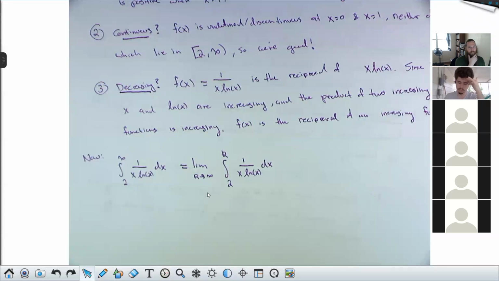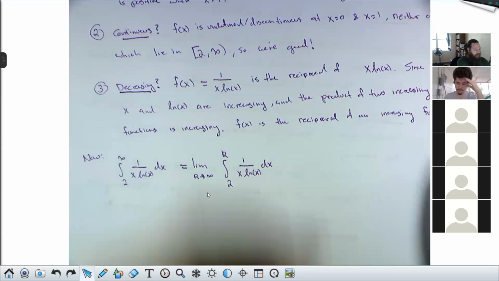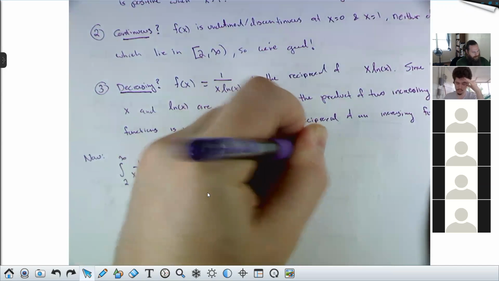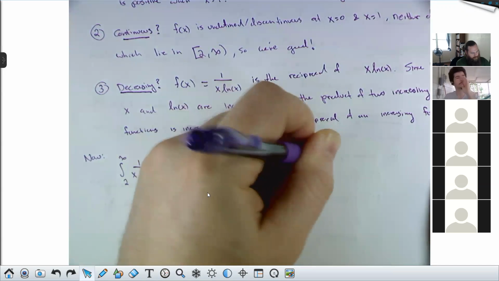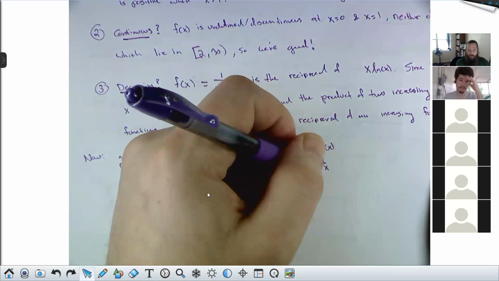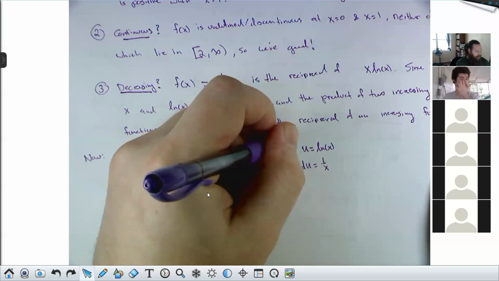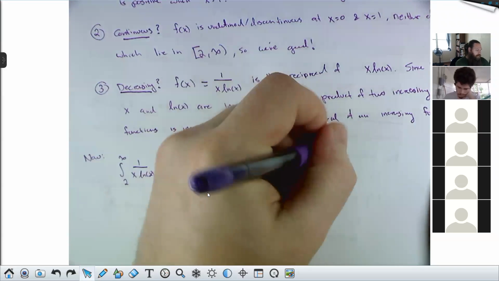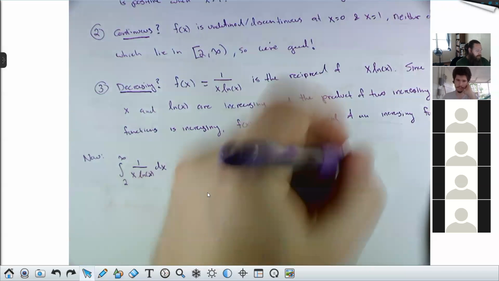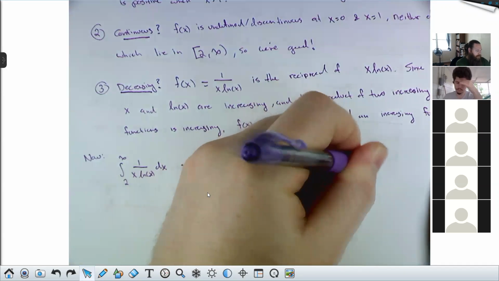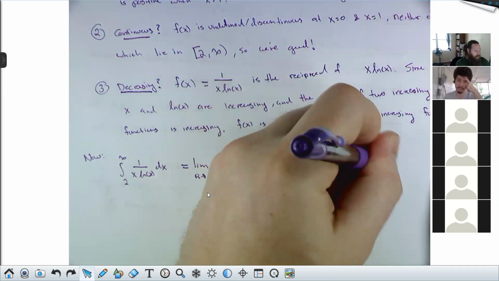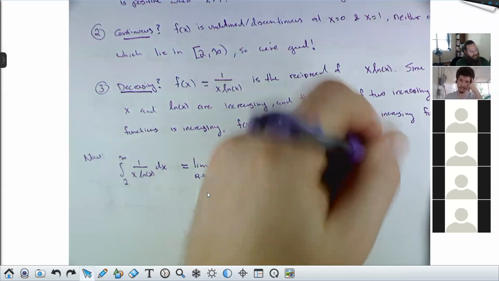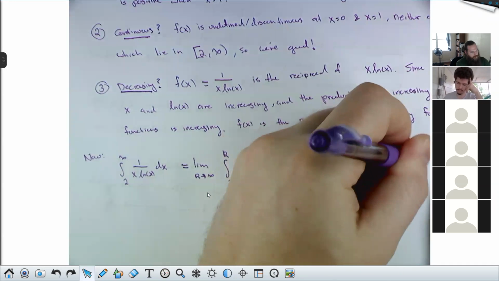How do we do this improper integral? U-substitution. Very good. u is equal to ln x, which means du is equal to 1 over x dx. Excellent. Thank you, Cody. And while I'm here, I'm going to change my bounds. My old lower bound was 2. My old upper bound was r. When x is 2, u is the natural log of 2.